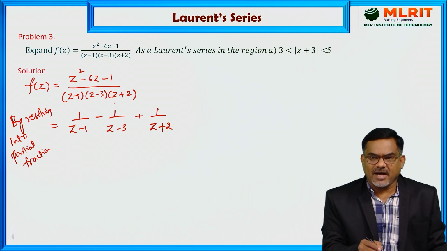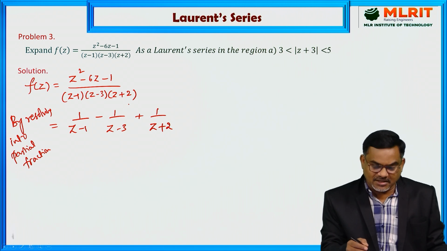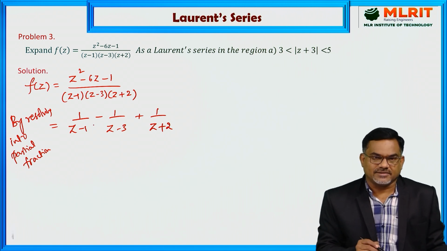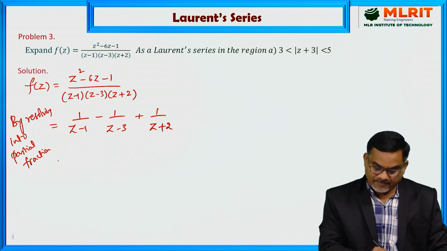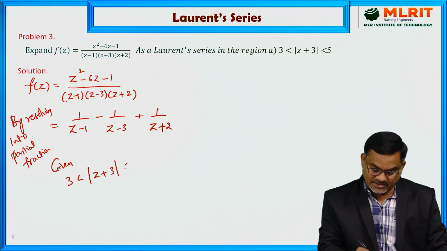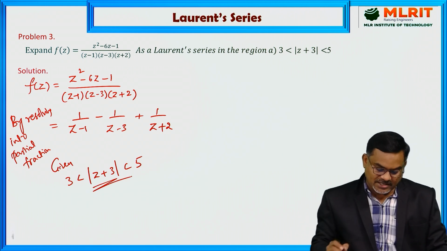Since we have the factors in the denominator, a by z minus 1 plus b by z minus 3 plus c by z plus 2, and by finding the values of a, b, c, you can get these partial fractions. Now the given region is 3 less than mod z plus 3 less than 5. Now try to get this z plus 3 term here.